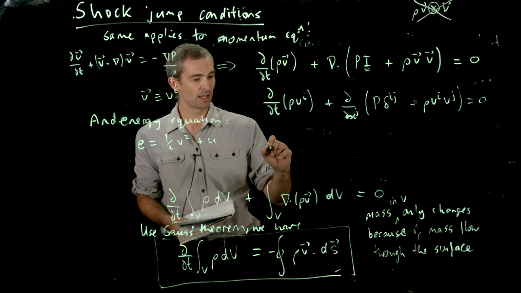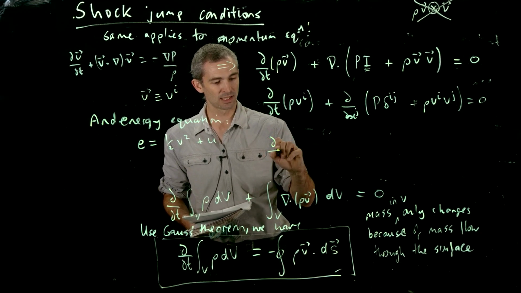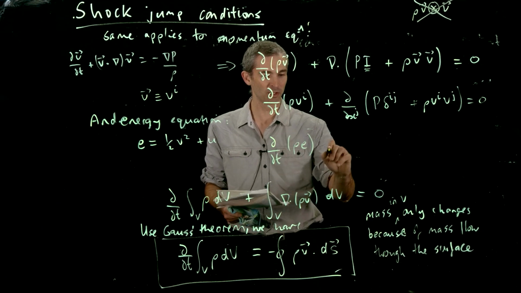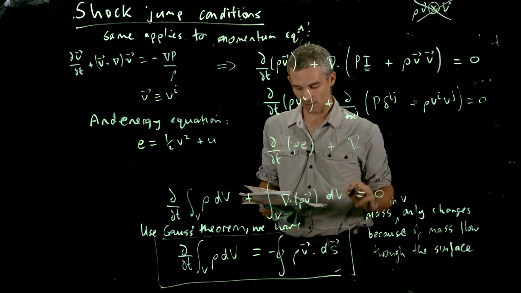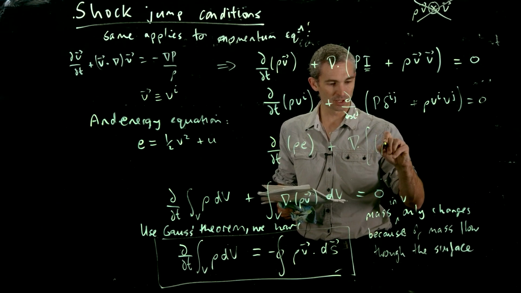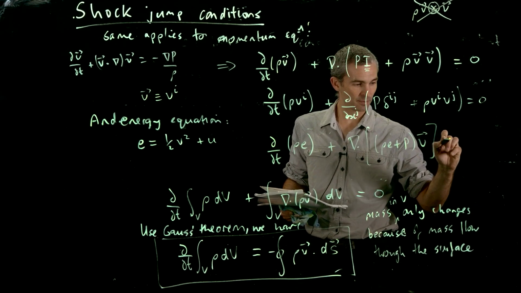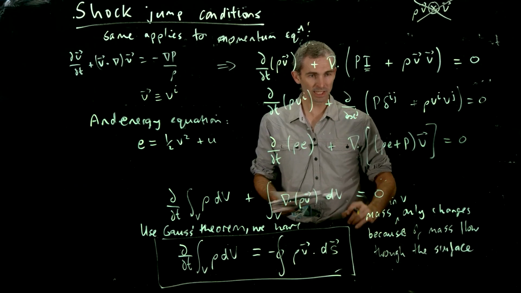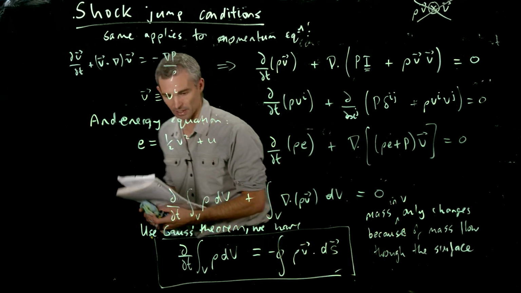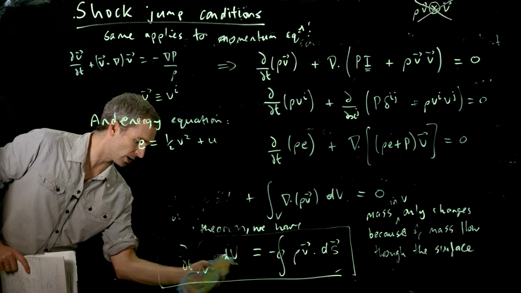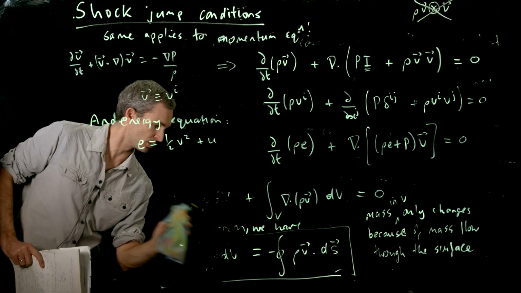And so we end up with the following. We get d/dt of rho E, that's the energy per unit volume, plus the divergence of rho E plus p, times v, equals 0. So that's the same thing in conservation form. And so again, it's quite easy to transform these both to integral form.